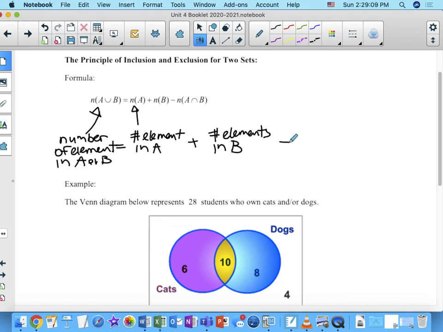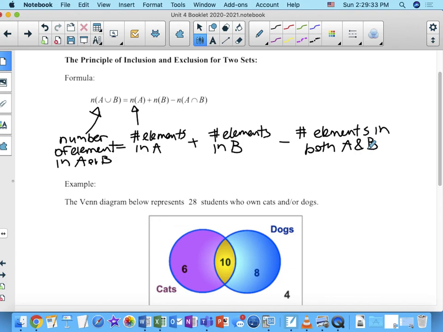Because if we don't take away the overlap, and there is overlap, we're going to be counting the overlap twice. Because we're counting it once for the elements in A and once for the elements in B, minus the number of elements in both A and B. Okay?